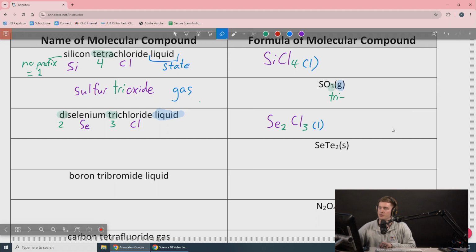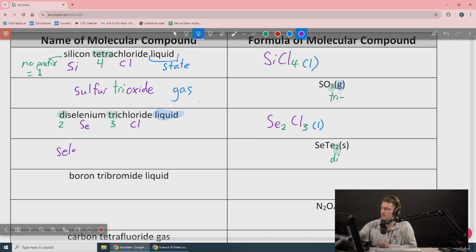This will be the last one that I do. We've got Se, Te, 2. There's 2 telluriums, which will have the prefix di. I'm just going to open up my periodic table so I spell telluride correctly. Our first element is selenium.